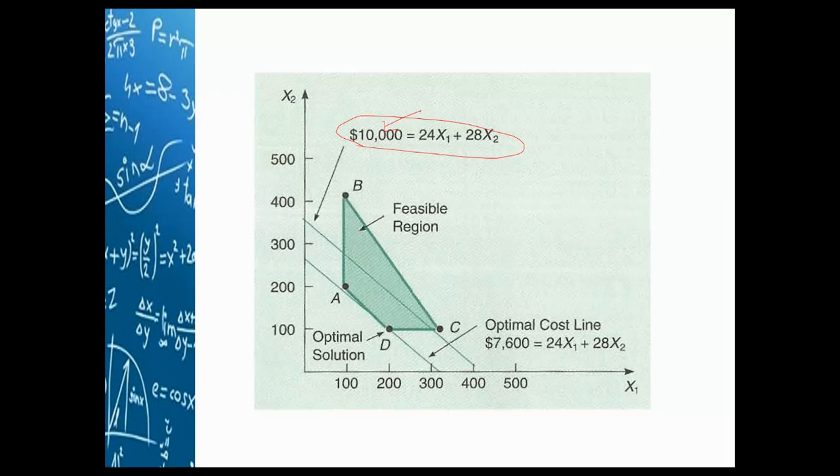Then you go down because we are trying to find the minimum points. So you move your level curve down over here, up until this point. You can see now your level curve over here. We call this actually an isoprofit.